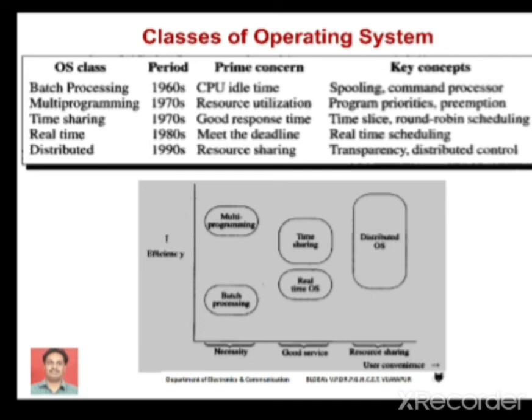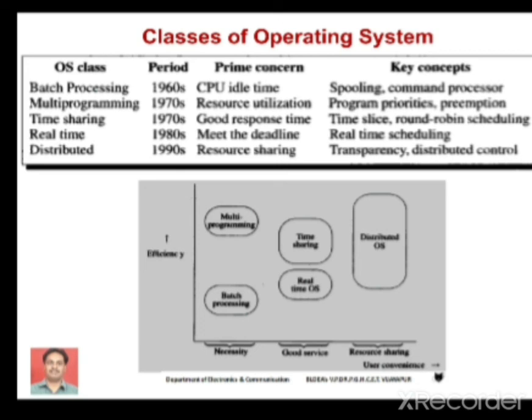Okay, below there is a graph. If you look at that graph, we have shown different operating systems. On the x-axis, we have shown user convenience. On the y-axis, we have shown efficiency. The batch processing and multiprogramming operating systems were to meet the basic necessity of the users.